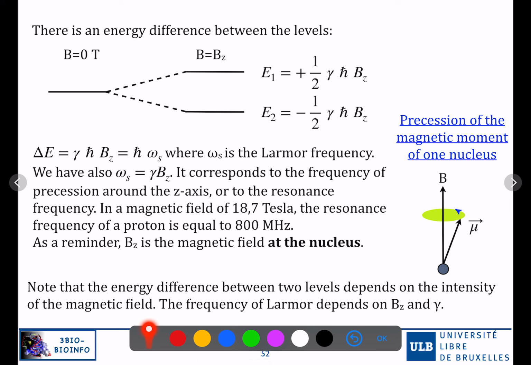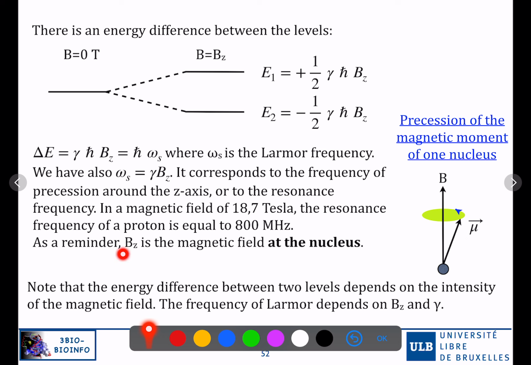So here we have seen that you have a precession, and this Larmor frequency is also a resonance frequency, and so it depends on the intensity of the magnetic field. So for instance, for a magnetic field of 18.7 Tesla, the resonance frequency of a proton is equal to 800 megahertz.